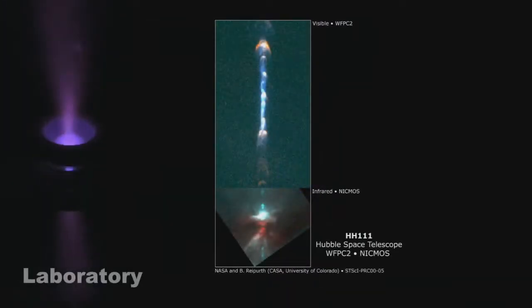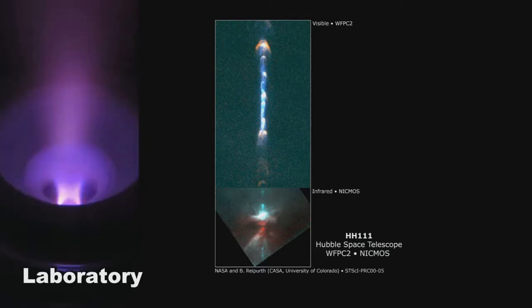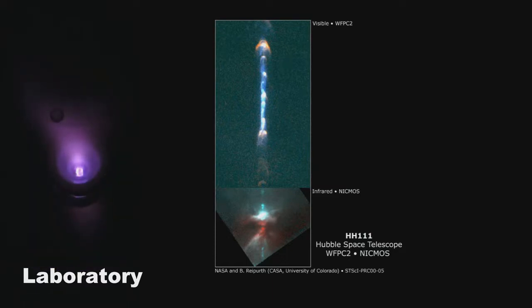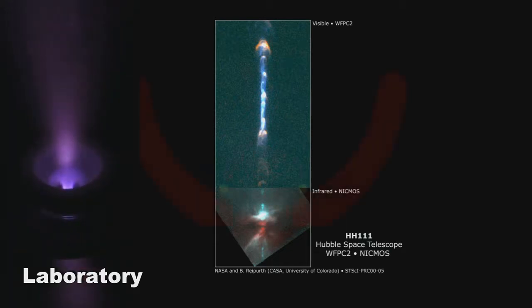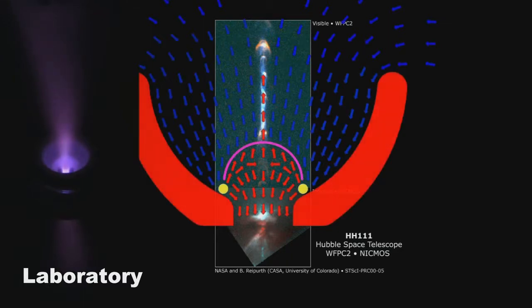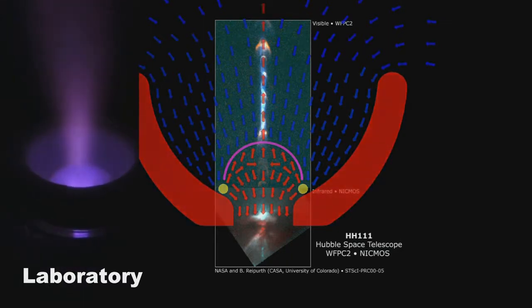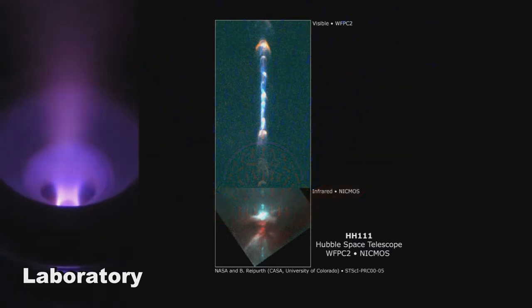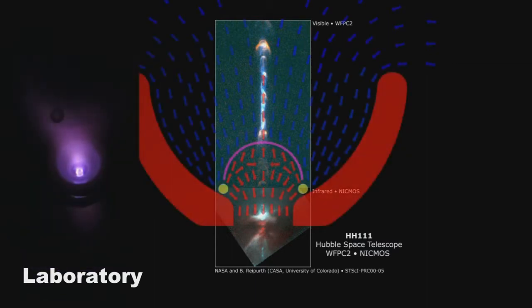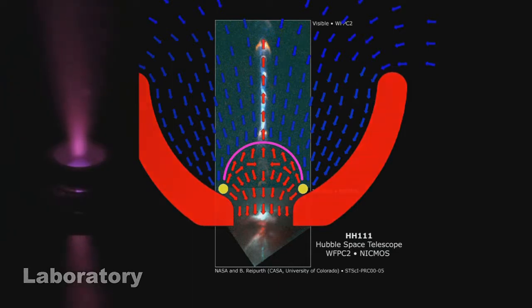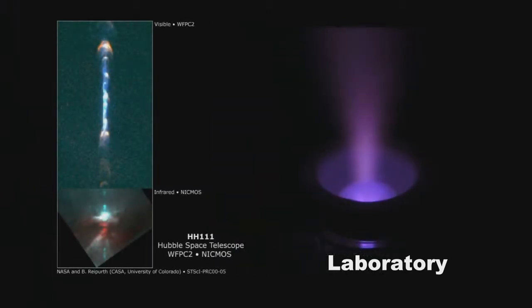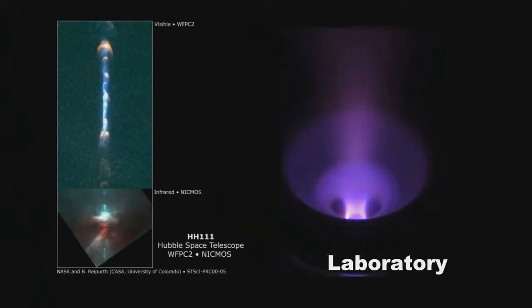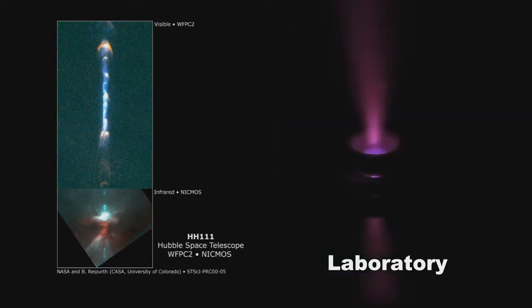In the ejection jet of HH-111, we can see very definite pulses in the matter ejected. By comparing the jet of HH-111 with a jet that is externally electrically driven in the vacuum chamber, we see that they have dramatically different structures.